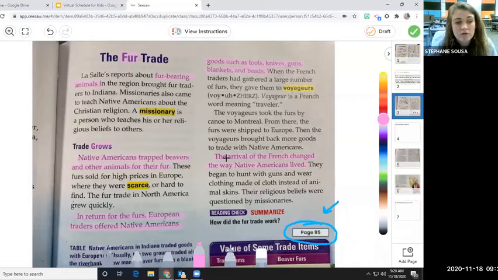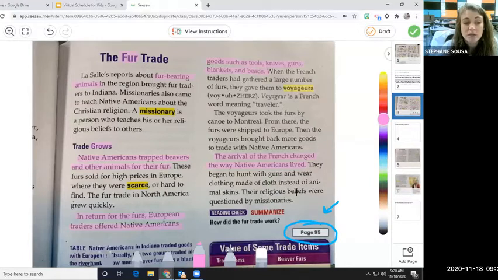The arrival of the French changed the way the Native Americans lived. Here's how it changed. They began to hunt with guns and wear clothing made of cloth instead of animal skins.